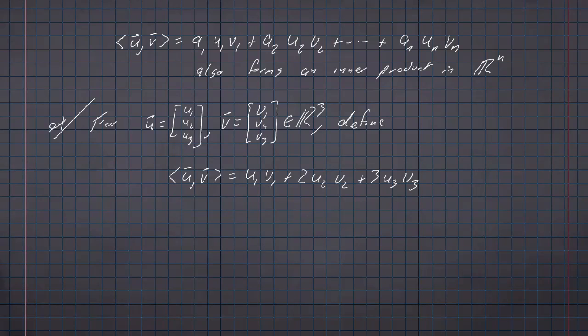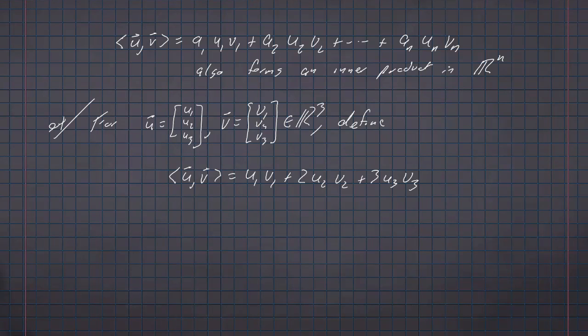How about the case of the inner product of u and v is u1 v1 plus 2 times u2 v2 plus 3 times u3 v3. The calculation is a little bit strange, but once you start to see how it works, it makes sense pretty quickly.